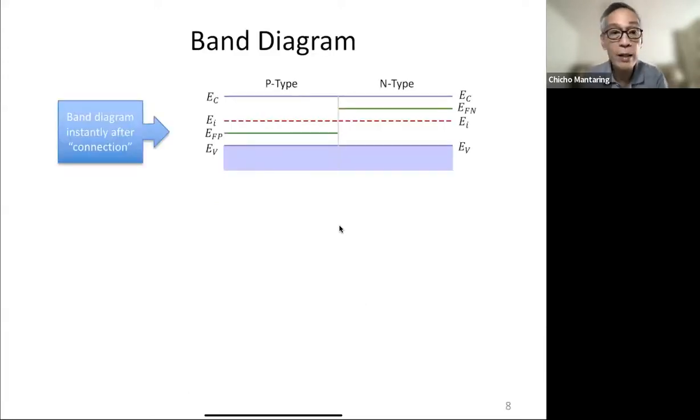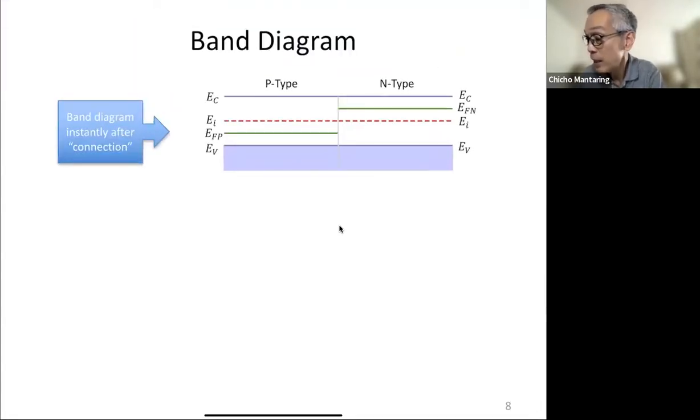Okay, let's take a look at the energy band diagram. So this is your P type and this is your N type. So this is the band diagram at the instant the junction was created. So kunwari, sige, kunwari na lang pinagdikit natin yung dalawa, that's how we did it, no? At that particular instant, this is what your energy band diagram would look like.